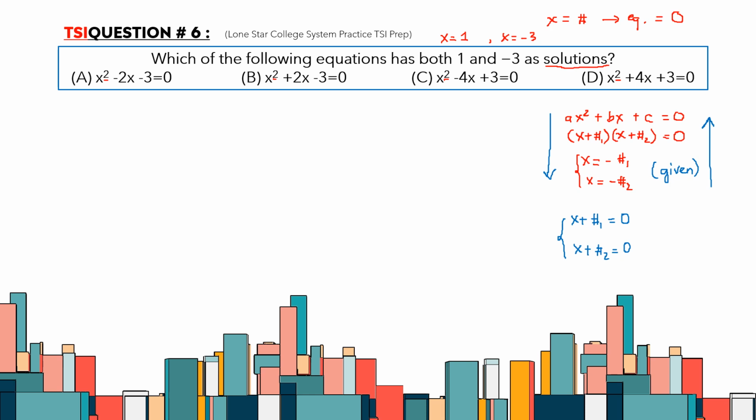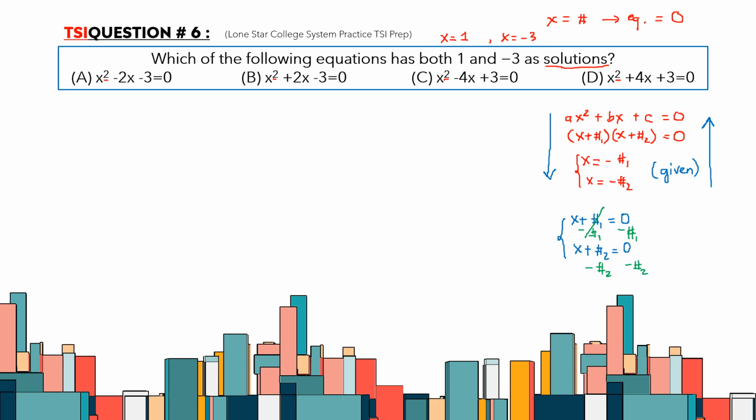For the first one, we subtract number 1 from both sides, so that cancels and x equals negative number 1. Do the same with x plus number 2. We subtract number 2 from both sides, and then we have x equals negative number 2.